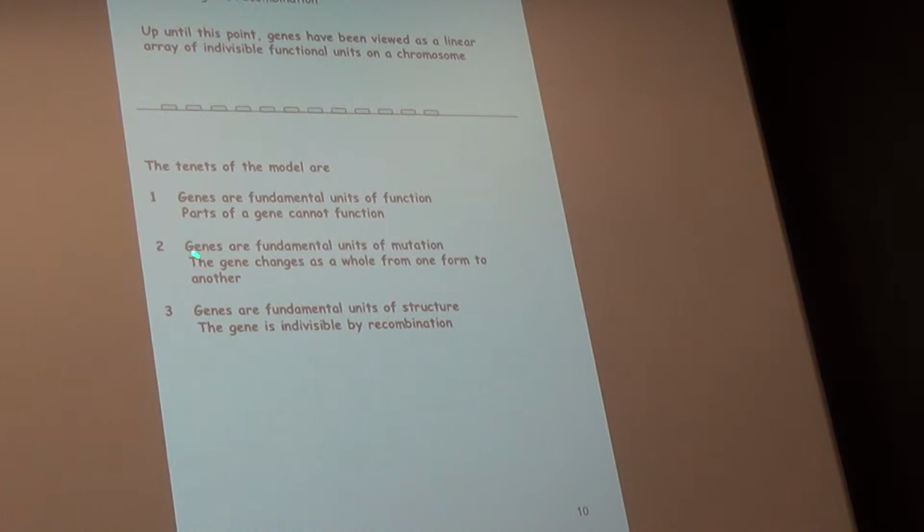And so genes we assumed were fundamental units of function. If you only had a part of a gene, it would not function. And they are fundamental units of mutation. When you change any of that, you basically destroy the gene. And that they were indivisible based on recombination. So what I'm going to show you now is data that suggests that you get recombination even within a gene.